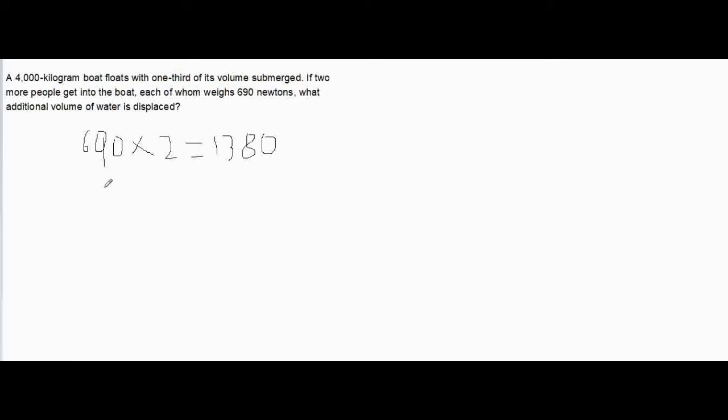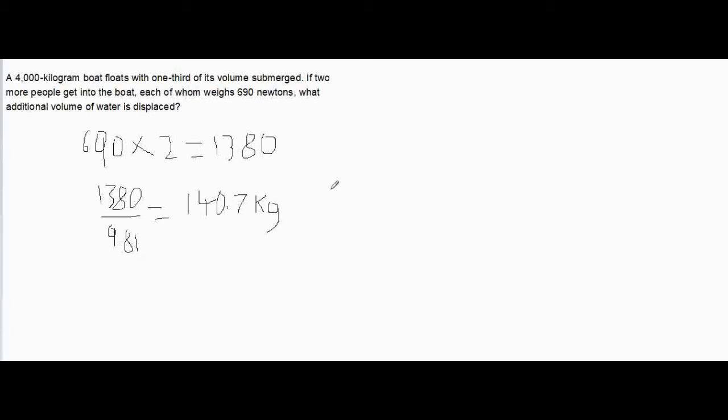So we would divide this 1380, which is the combined weight of the two persons, by the gravitational field strength 9.81 to obtain their mass. In doing this, we will get the value of 140.7 kilograms. So an extra 140.7 kilograms was added to this ship.